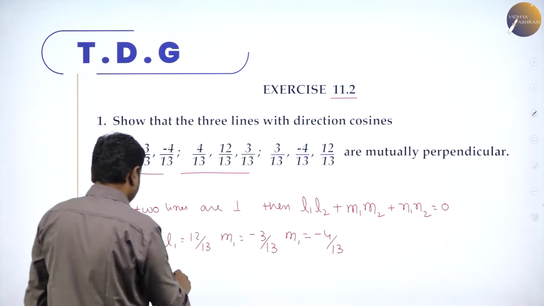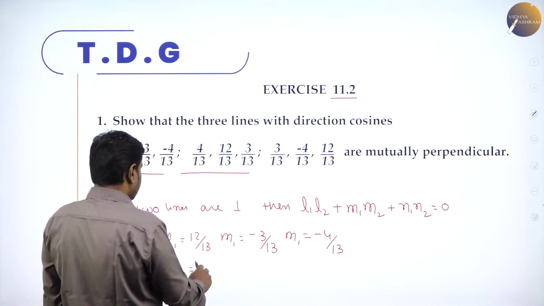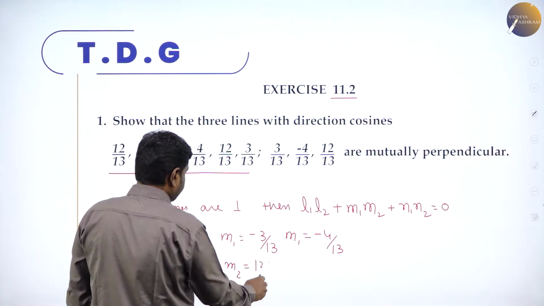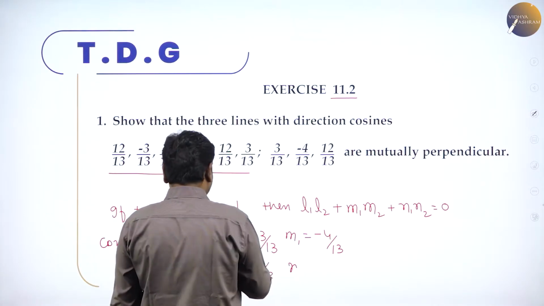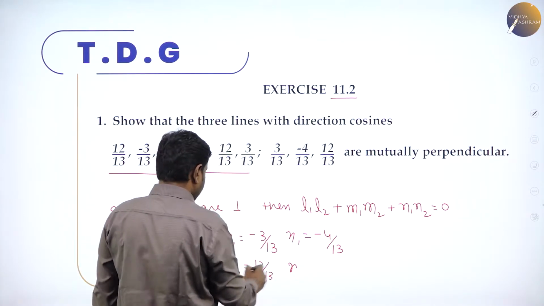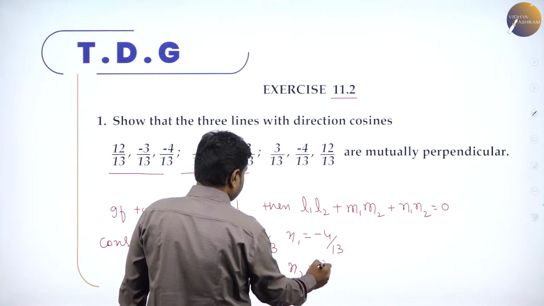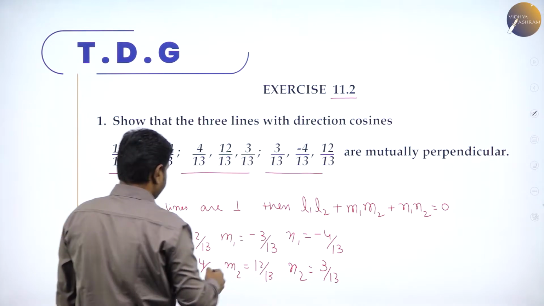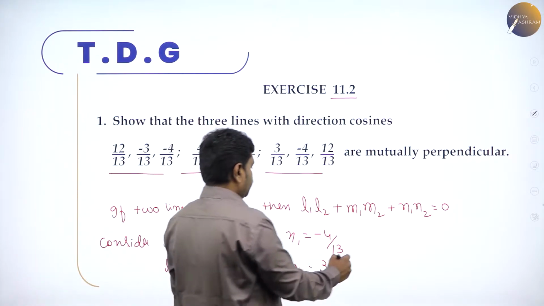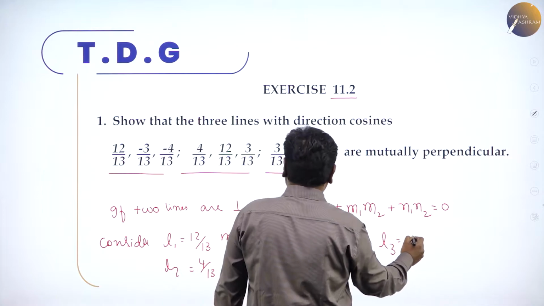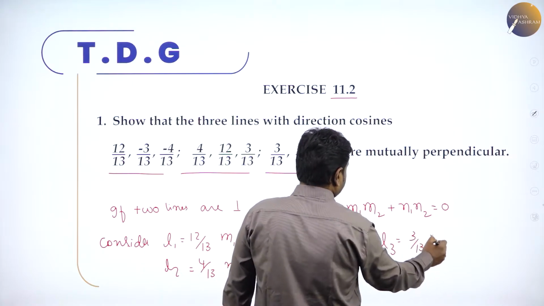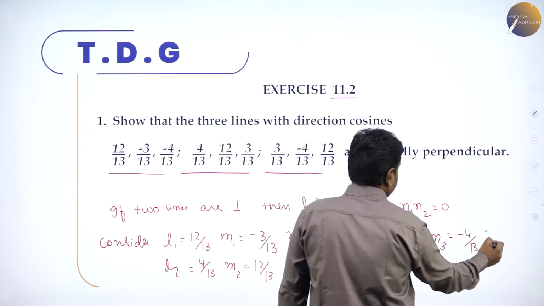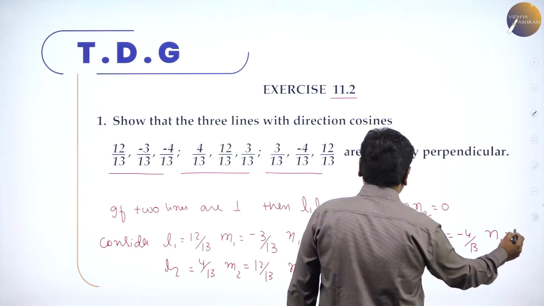And second pair, L2 is 4 by 13, M2 is 12 by 13, and N2 is 3 by 13. Similarly, third line we'll take as L3, M3, N3. L3 is 3 by 13, M3 is minus 4 by 13, and N3 is 12 by 13.